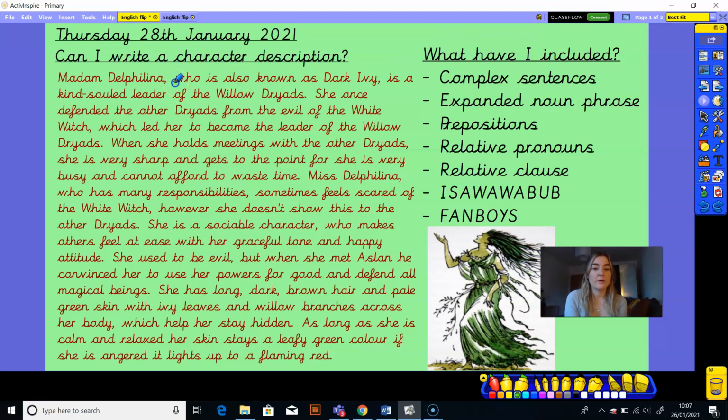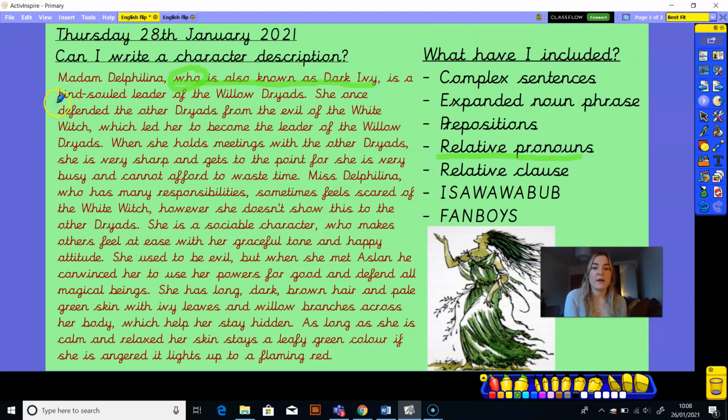Okay, so I have got my relative pronoun here, and I have also got a relative clause. My relative pronoun is who, and I've got my relative clause, so it's giving that extra bit of information. I could just say she is a kind-souled leader of the Willow Dryads, but I've also said what she's also known as. This might be to her friends, or it might just be to the other dryads who aren't Willow Dryads.